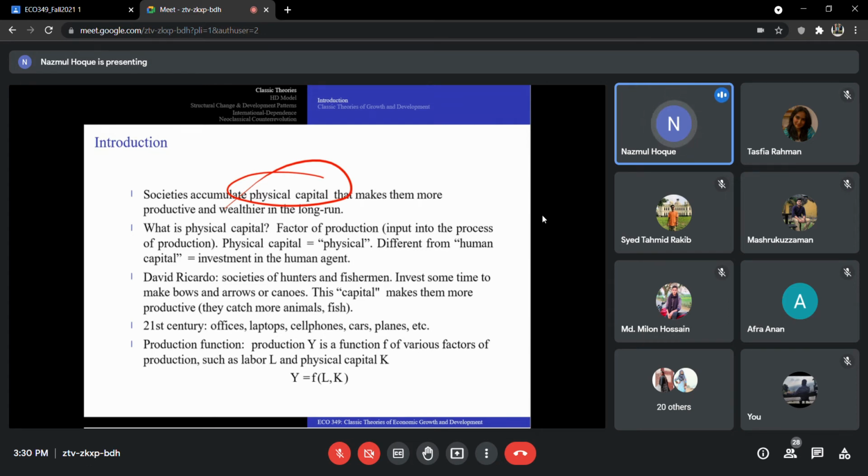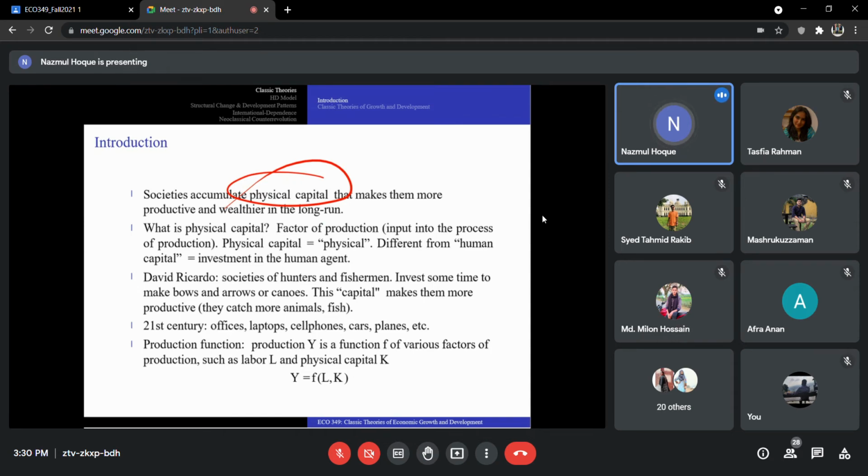For example, bows and arrows are capital equipment for a hunter. A boat or fishing net are capital for fishermen. If they have a fishing net and a boat, they are going to be more productive in the future, right?